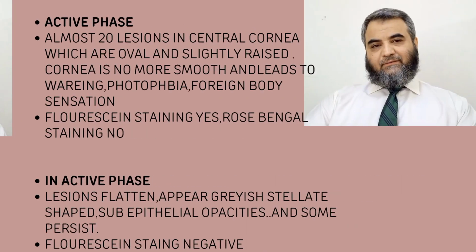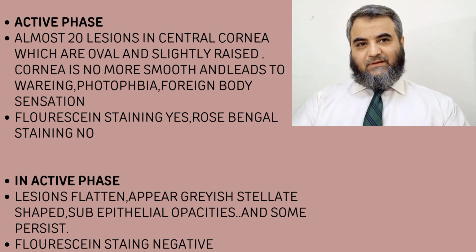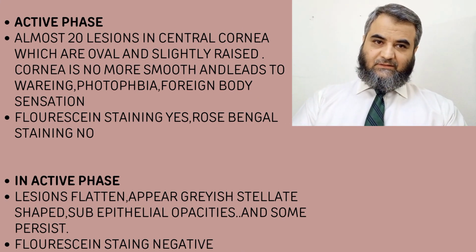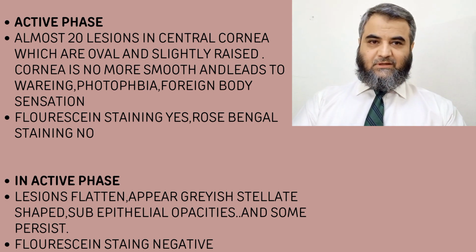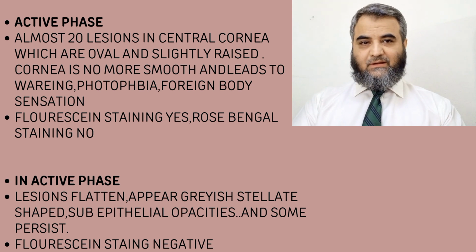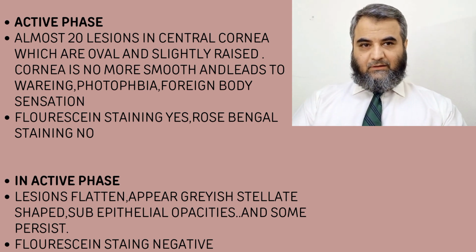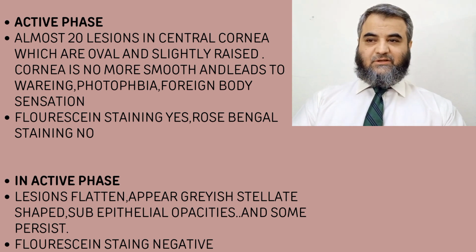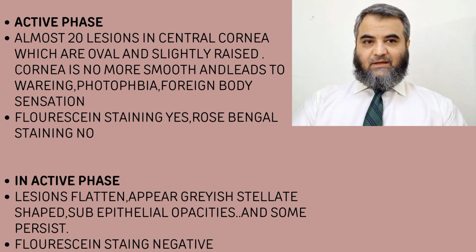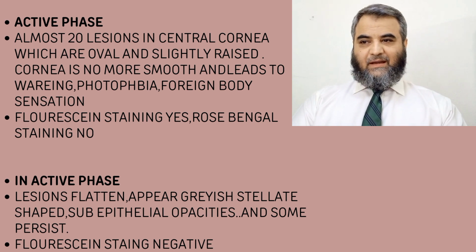If we divide this disease into two stages, one is the active stage and the other is the inactive stage. During the active stage, you can see 15 to 20 lesions occupying the central or mid-peripheral area, oval in shape, and discrete elevated lesions are formed there.